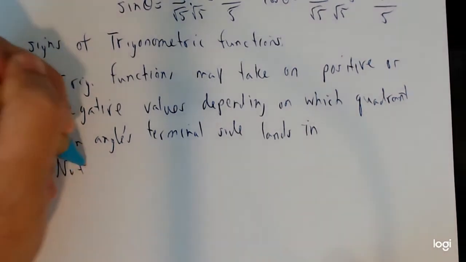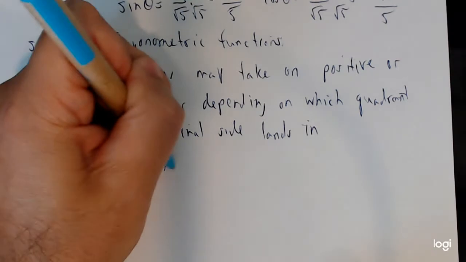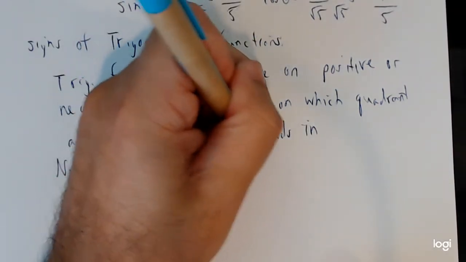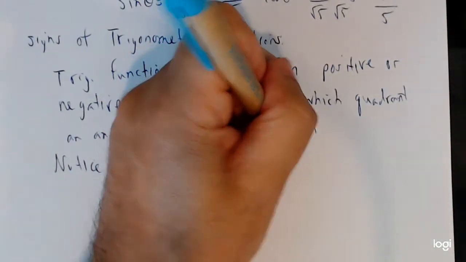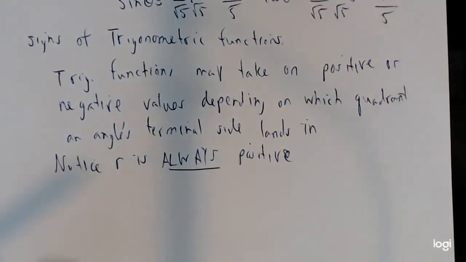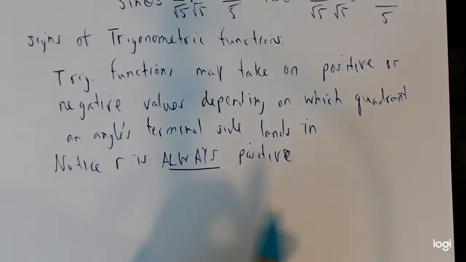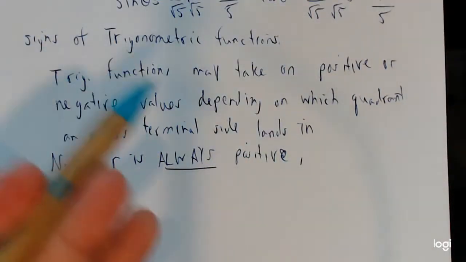So we can now say, look, we know that r is always positive. So if r is always positive, what does that mean? If you think about it, why am I talking about r? Because my trig functions depend on what? X, y, and r. So since r is always positive, then the only parts that could make a trig function negative are the x and y values.